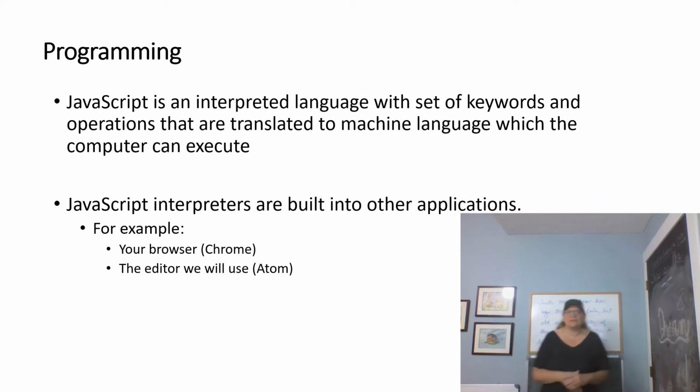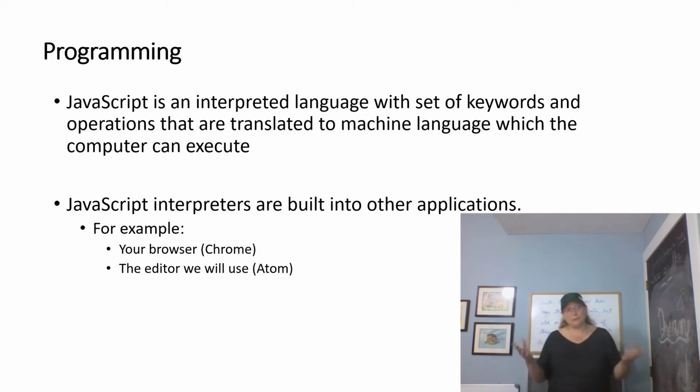For this class, we're going to learn how to program in JavaScript. JavaScript is an interpreted language with a set of keywords and operations, and they get translated into machine language so that the computer can execute it. JavaScript has interpreters that are built into other applications.